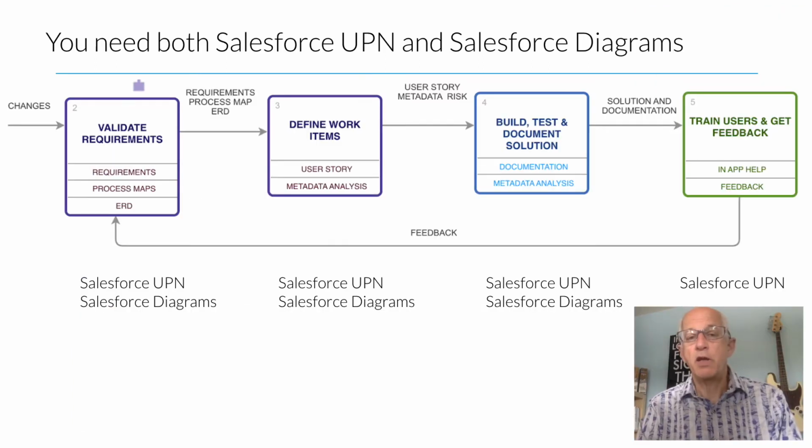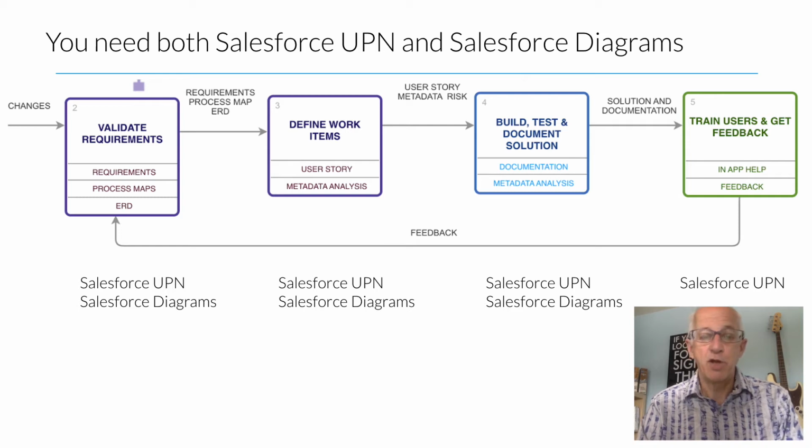So I said at the beginning you need both Salesforce UPN and Salesforce diagrams in an implementation. If I think about a very simple implementation lifecycle here, validating requirements, defining work items, building, testing and documenting the solution, and then training users, you can see that pretty much UPN and Salesforce diagrams are used all the way along.